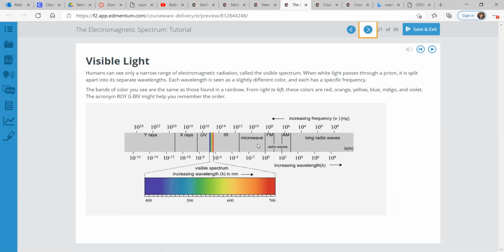The bands of color you see are the same as those found in a rainbow. From right to left, these colors are red, orange, yellow, green, blue, indigo, and violet. The acronym ROY G BIV might help you remember the order. And we go right to left.